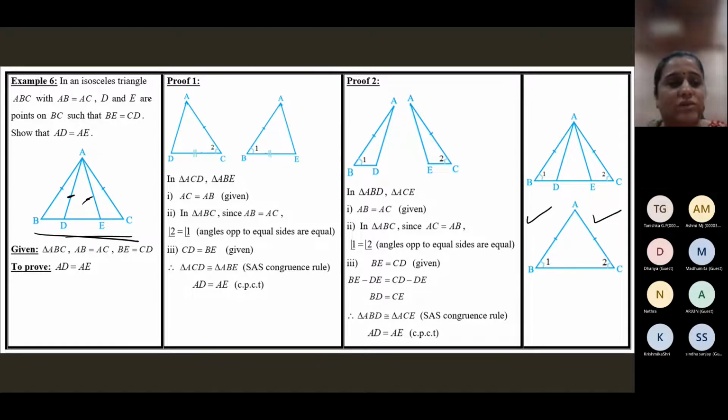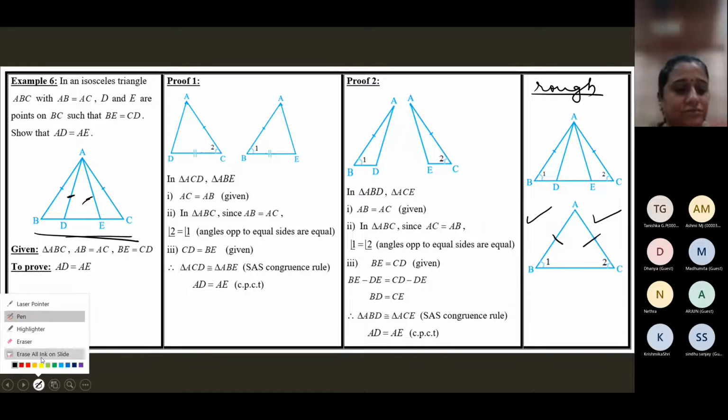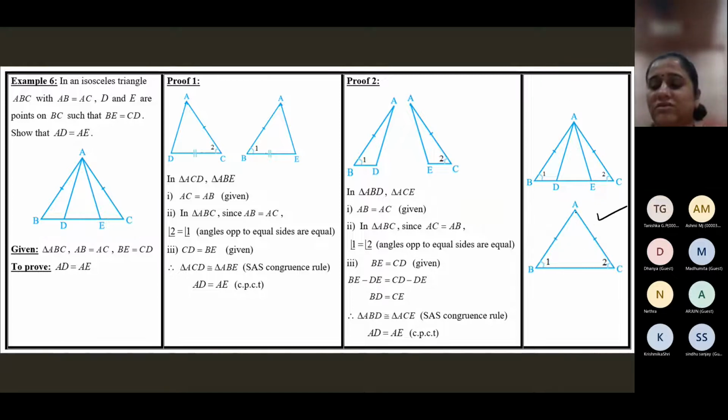Isosceles triangle ABC with AB equal to AC. This is just for us to understand, okay? You can just call them rough work. All right, so here you can see the isosceles triangle ABC with AB equal to AC.